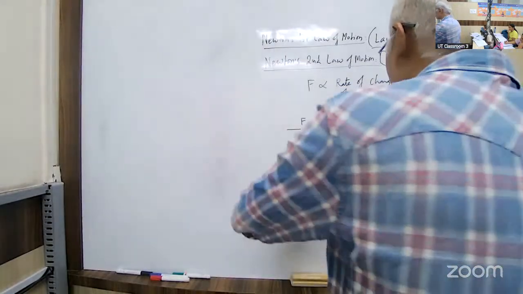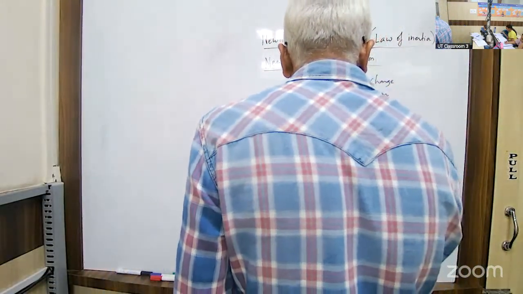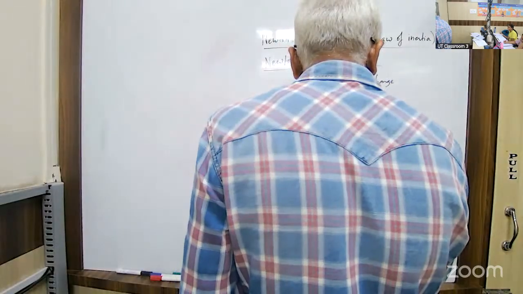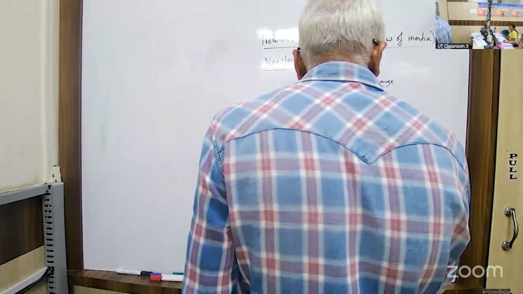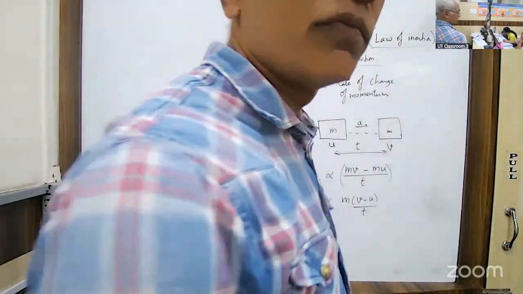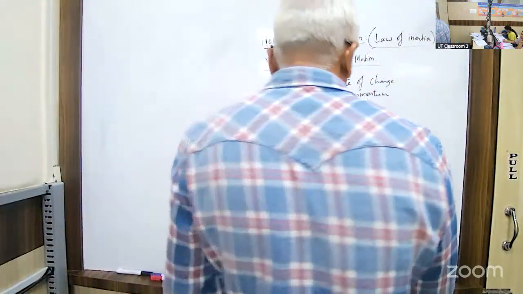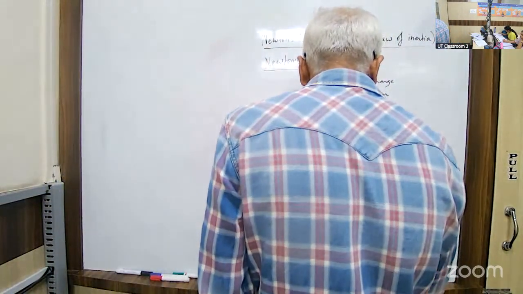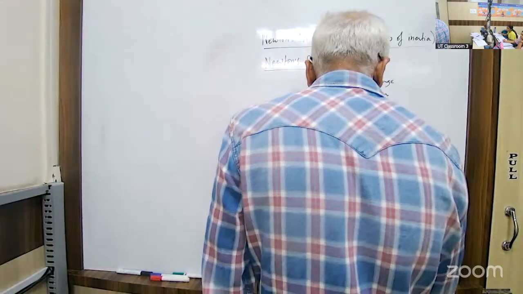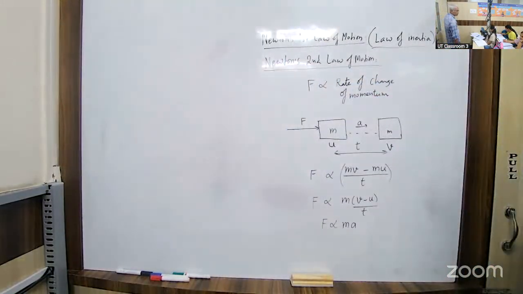So this is as per Newton's second law. Now you can write m times (v minus u) by t. What is (v minus u) by t? Acceleration. So therefore F is proportional to m and a.